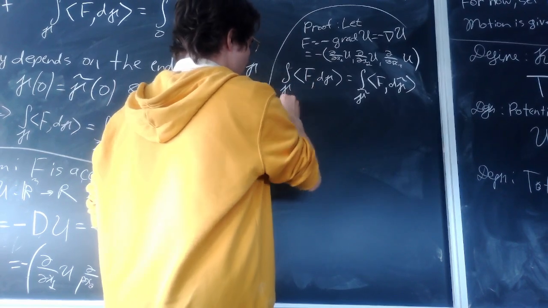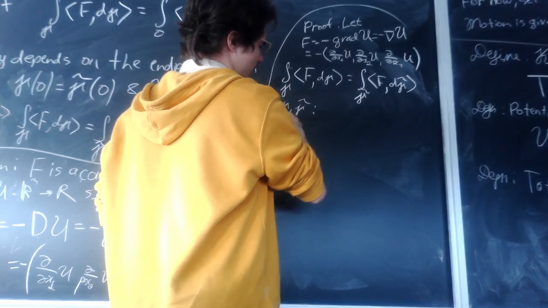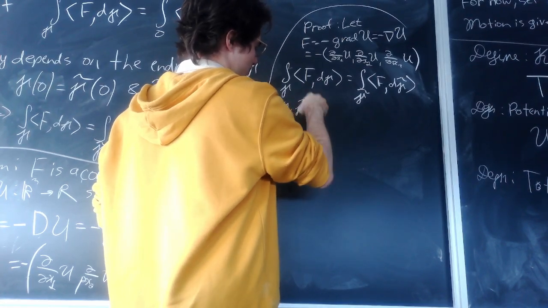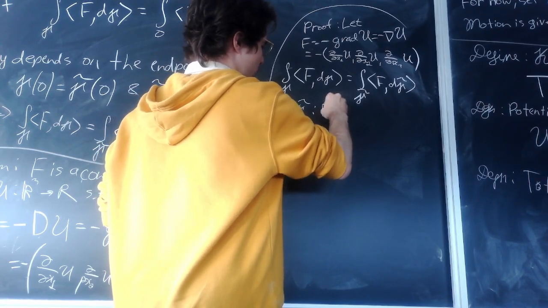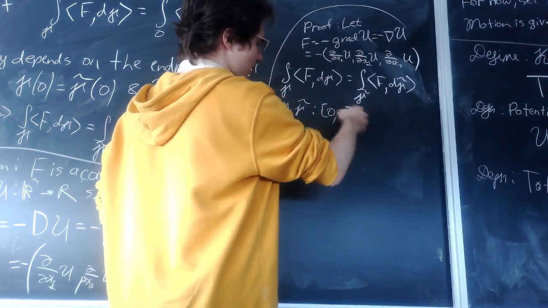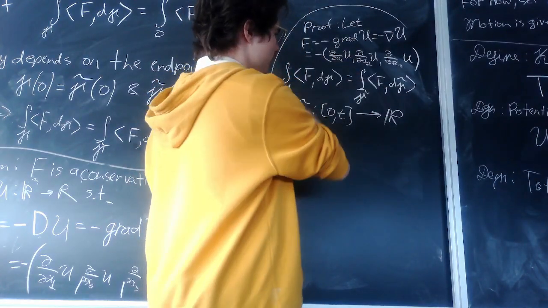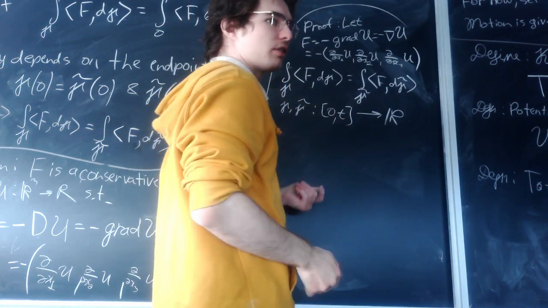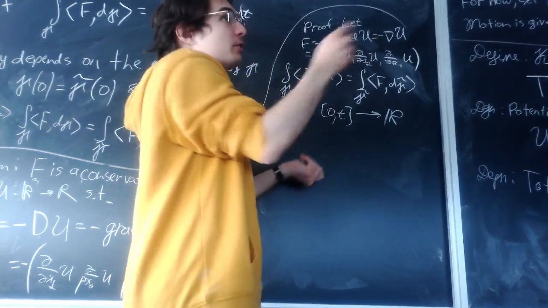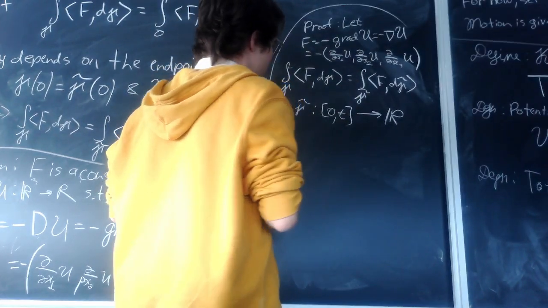So here we're assuming that gamma and gamma twiddle are both paths parameterized from 0 to 1. You can generalize this if they had different parameterizations. Maybe I'd parameterize one from 0 to 1 and the other one from minus 1 to 5 or whatever it is. You can choose many different parameterizations.